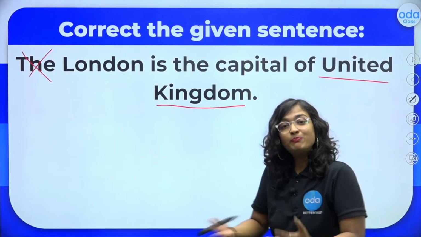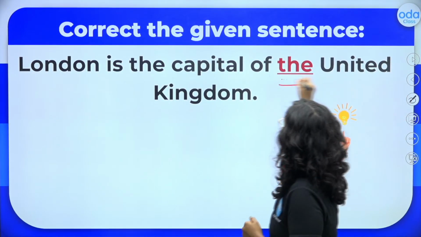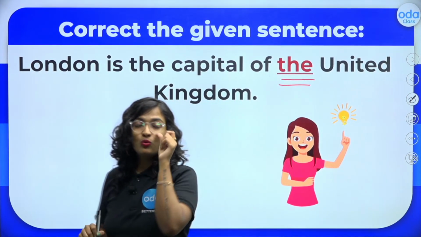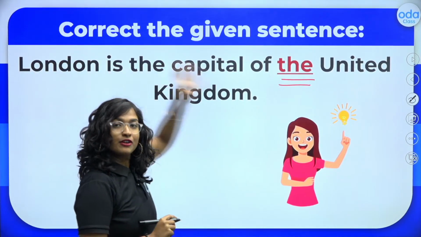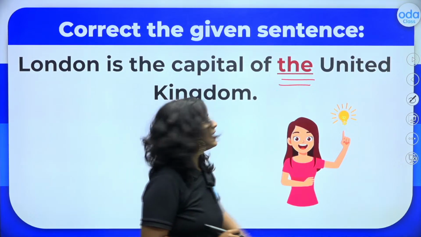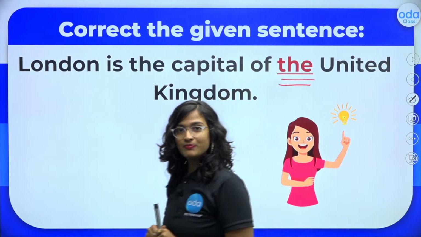This clearly indicates plural, right? So that means I need to use my article the here. So what did I do, students? Number one, I removed my article the from before London and I added the article the before United Kingdom.